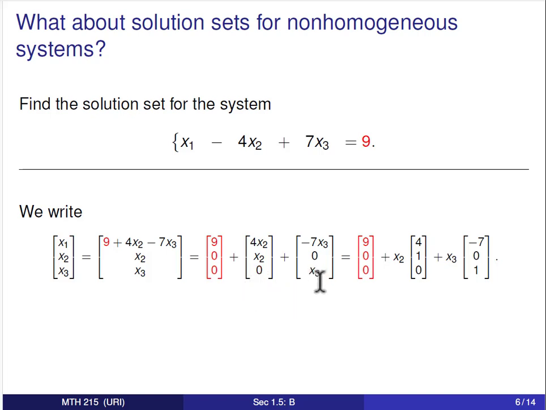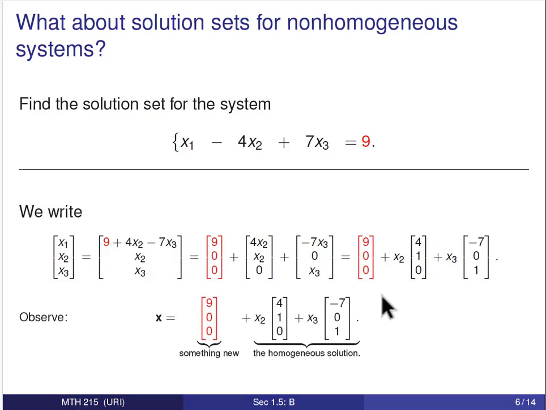Now these vectors that have the free variables are going to be factorable. We'll pull out the x2 and the x3 as before. And so once again, we'll get those same vectors and same coefficients. But now, because of this 9 that was there in the original system, we'll have this extra vector 9, 0, 0.